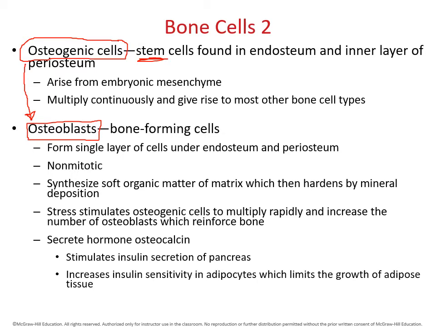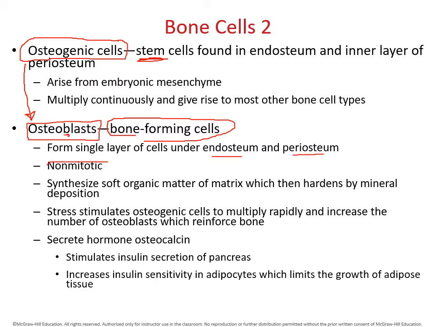Now, osteoblast, I want you to think of the B in blast, and I want you to associate the B with building. Osteoblast cells are going to be your bone-forming cells. They are the ones that are actually able to secrete the matrix and form the actual bone tissue. It says it forms a single layer of cells. You can find them in the endosteum and the periosteum membrane.